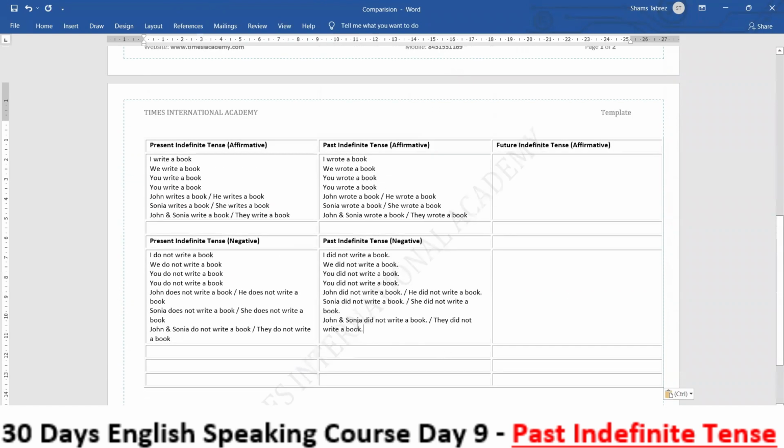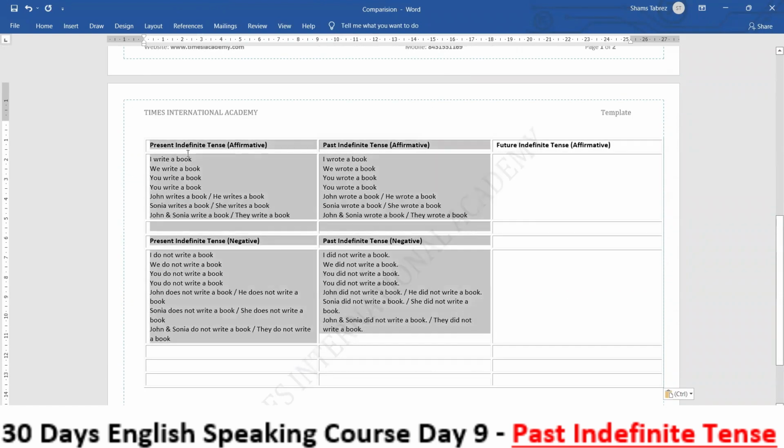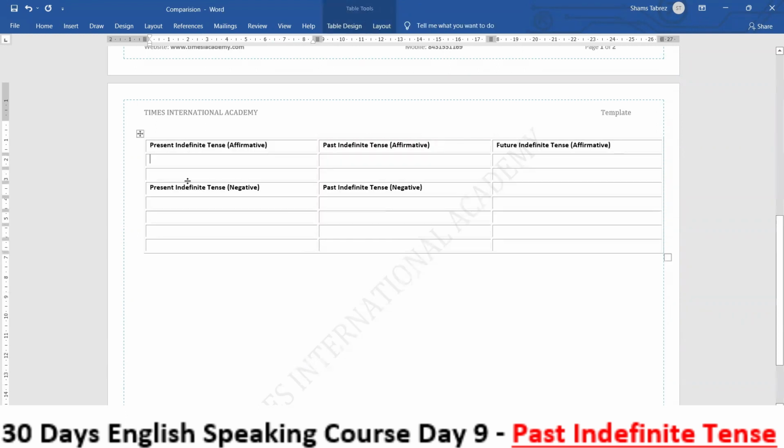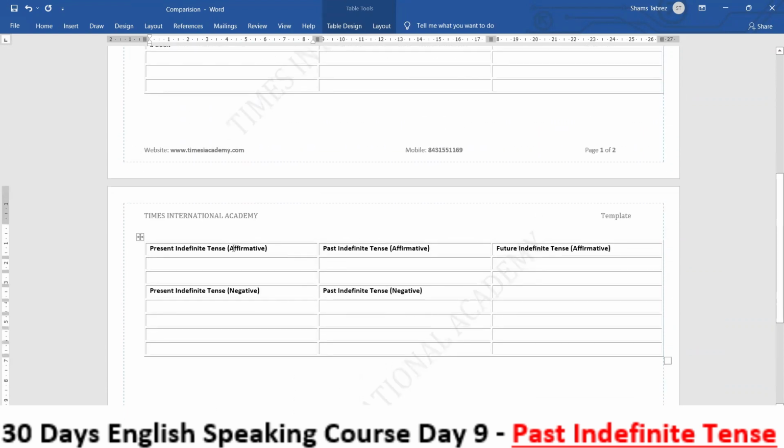Now this time, present tense simple question. And past tense, past indefinite simple question. And here also past tense WH question.